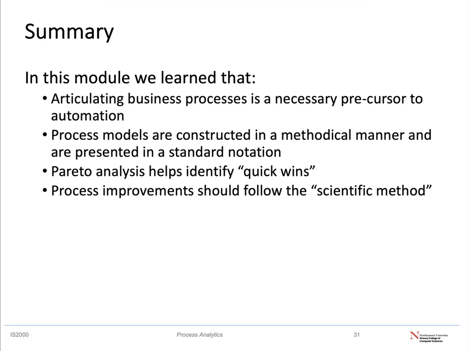Process models have to be constructed following a methodology. They have to be done in a methodical manner, and they're presented in a standard notation. Pareto analysis can help you identify quick wins. That means small improvements that can have big effects and eliminate a lot of complaints about a process.